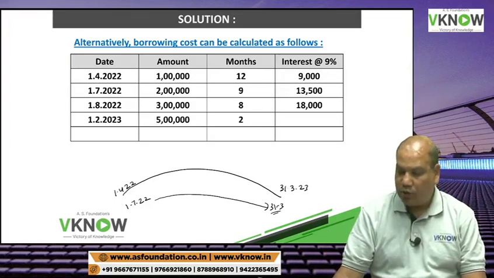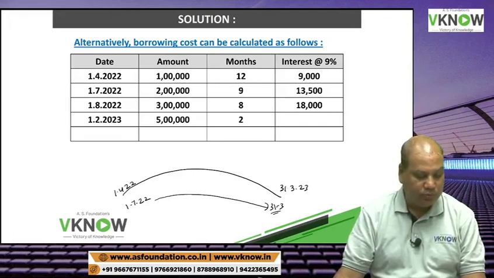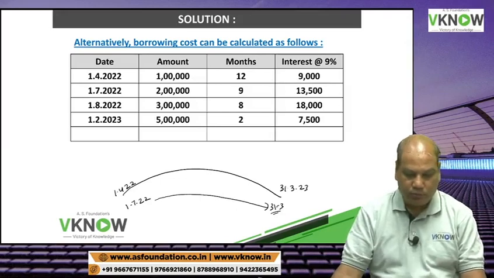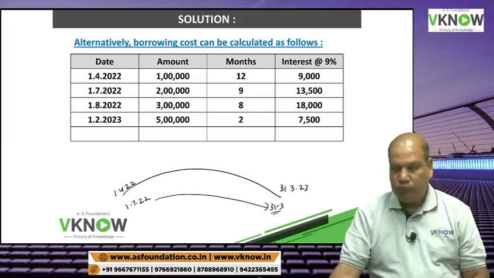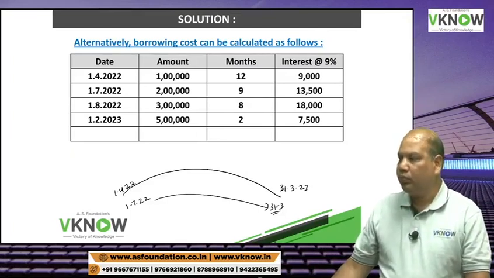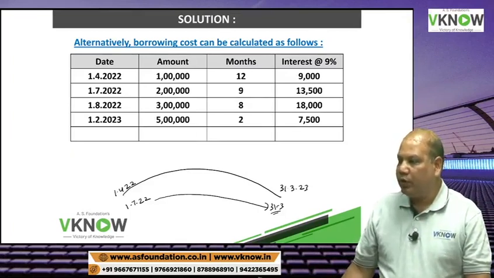Now here we will calculate interest for 2 months only. 7,500.